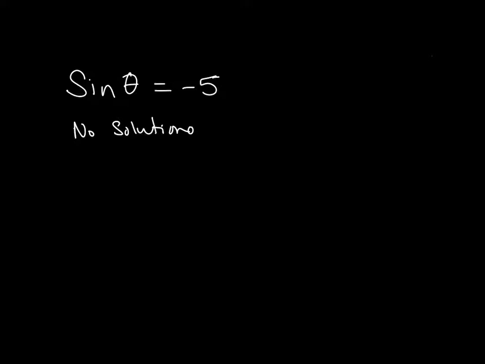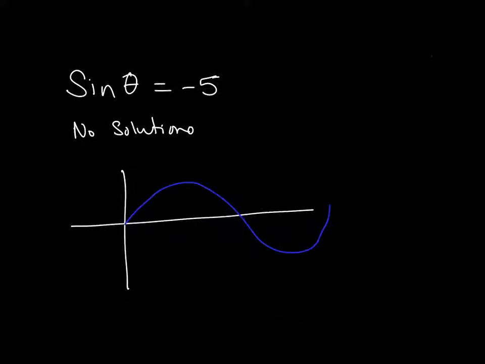And this is really important. If we go back to the graph of our sine, what happens with the graph of our sine? Our normal sine curve comes around like this. And we know that the maximum and the minimum portion of the sine is +1 to -1. That's the entire range of the sine, correct?